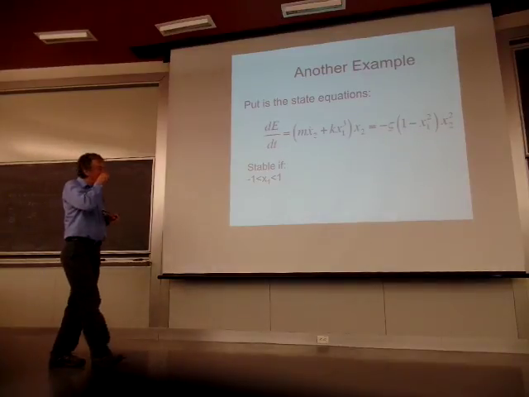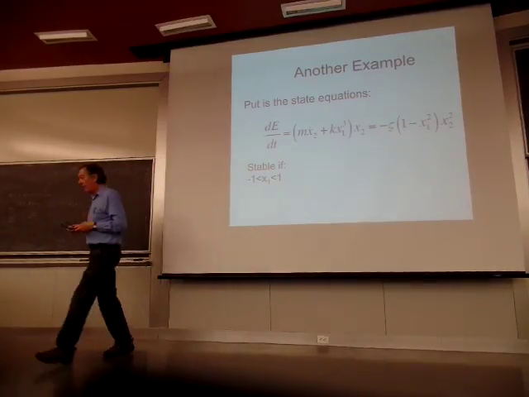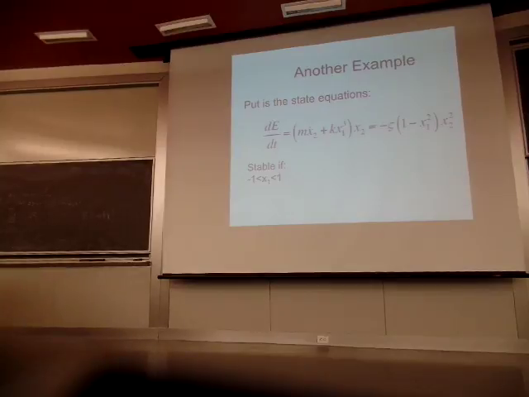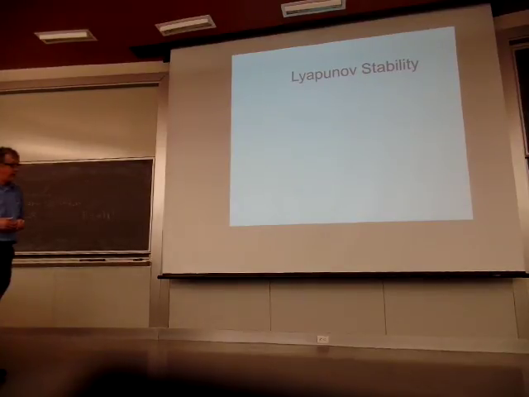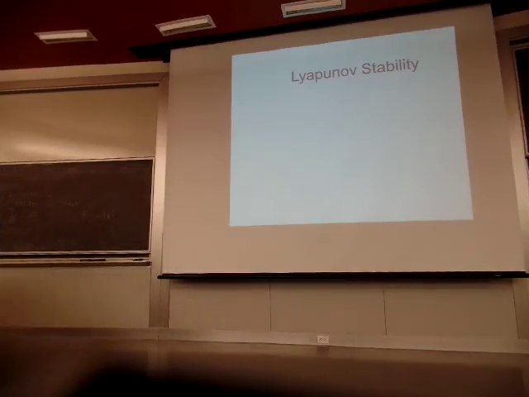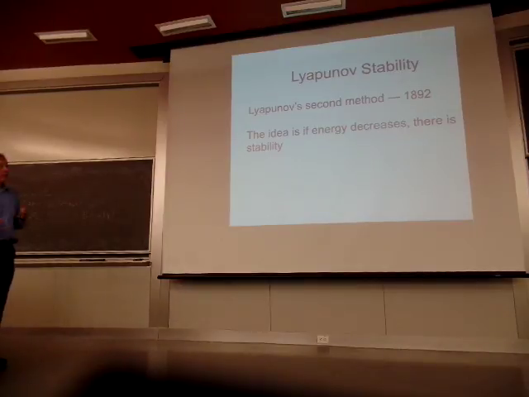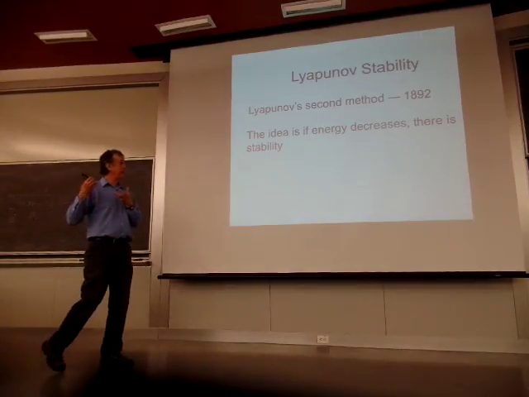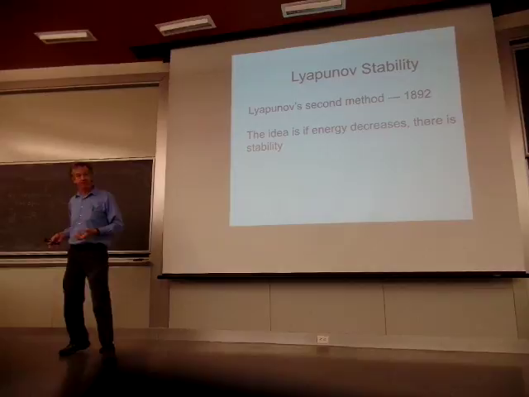Now, the Russian fellow, Lyapunov, at the turn of the 20th century, looked at this issue and determined what's called Lyapunov stability. It was 1892 he did this, and this is his so-called second method. It comes to this idea that if the energy is decreasing, the system's stable.